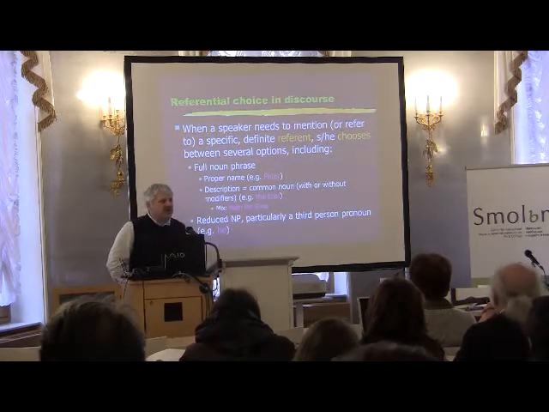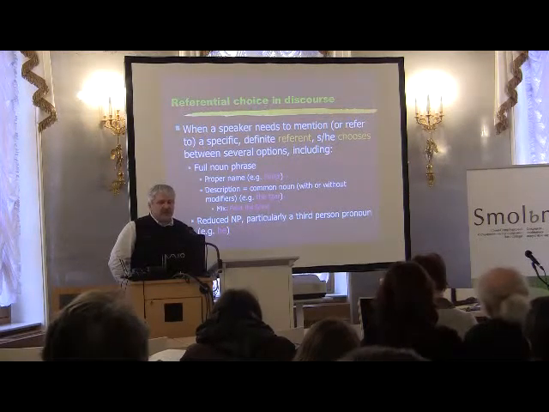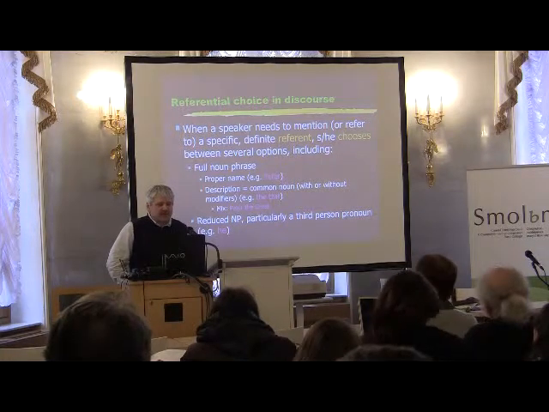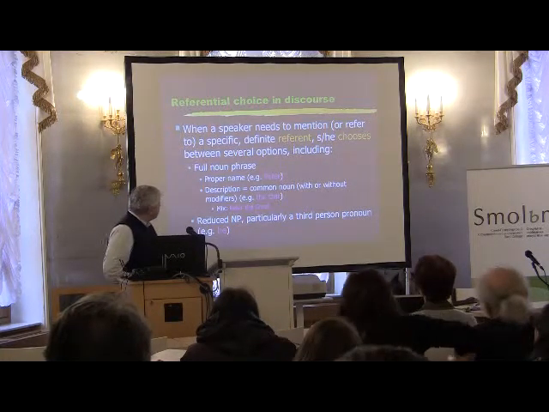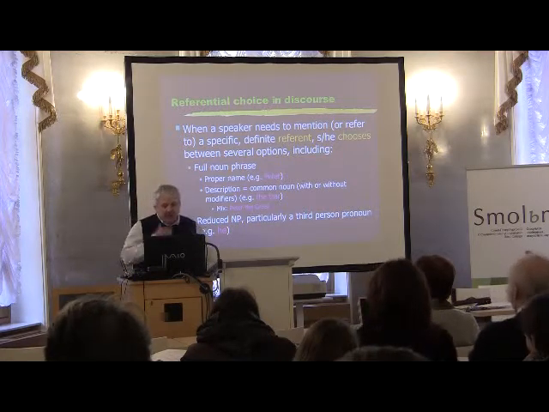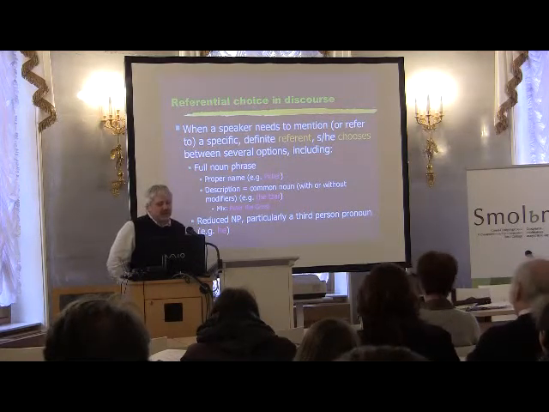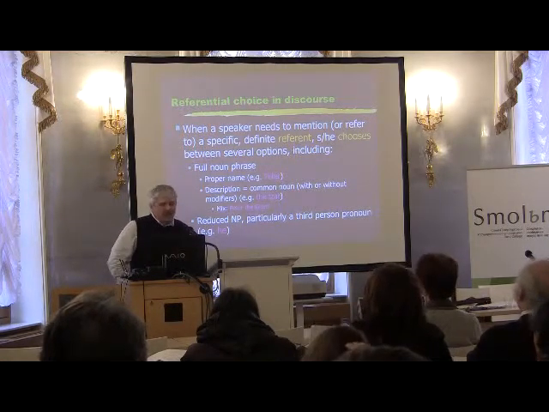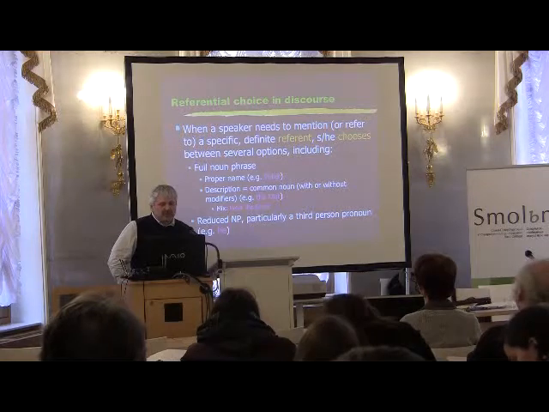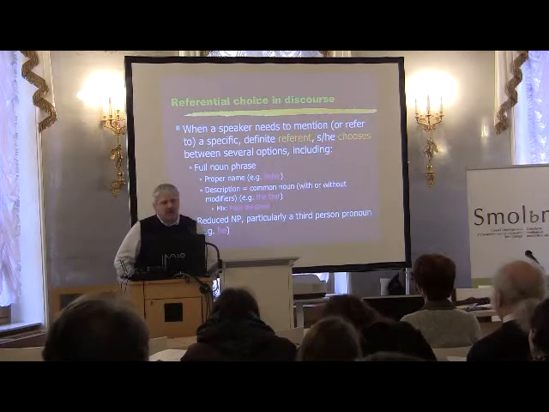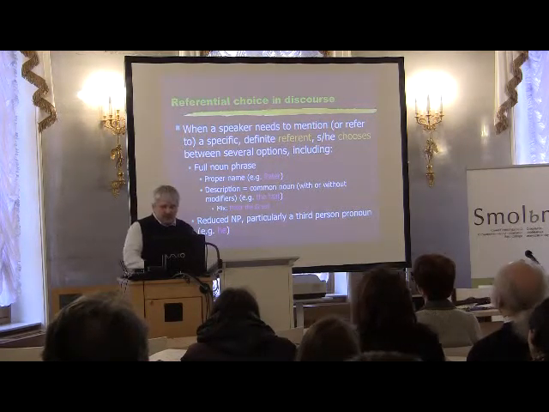When we want to mention a referent, we choose between several options, such as a full noun phrase, including a proper name, such as Peter, or a description, like the Tsar. And sometimes we have mixes, mixed proper names with elements of descriptions like Peter the Great, or alternately, we very often use reduced noun phrases such as third-person pronouns.